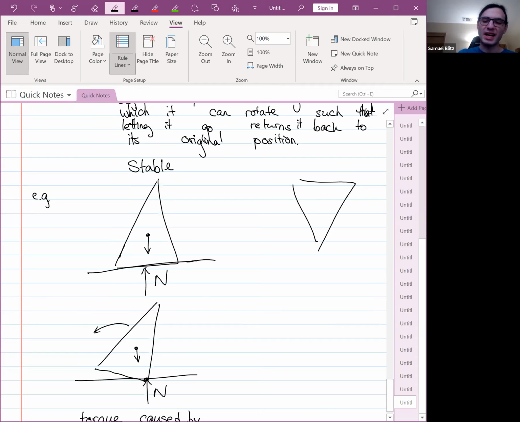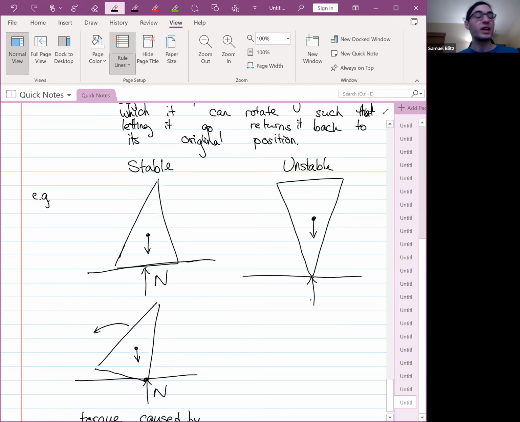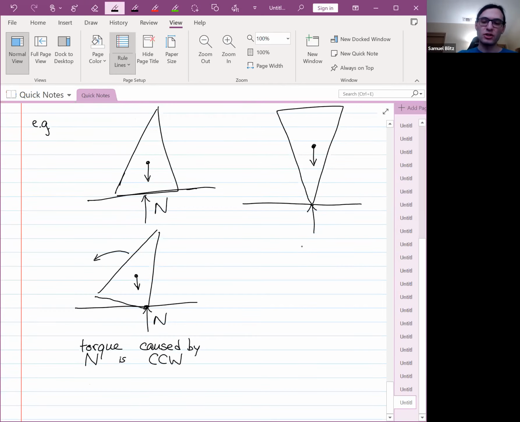Whereas if you have this setup, you have the same triangle. God, I can't draw a triangle to save my life. This would be an example of an unstable setup because initially it could be in equilibrium, right? The normal force is directly below the center of mass. However, you tilt it just a smidge.